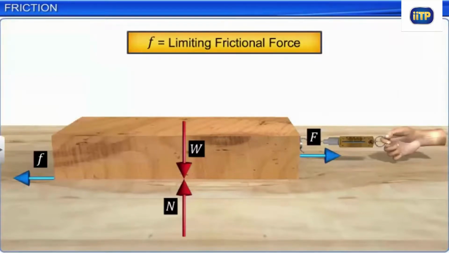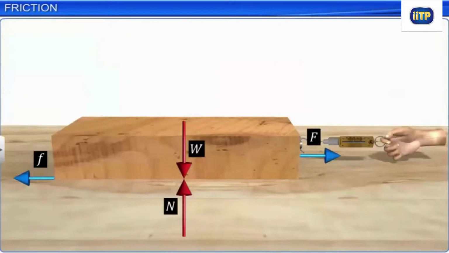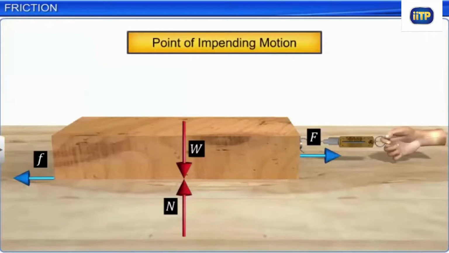At this point, the applied pulling force is equal to the limiting static frictional force. The block is at the point of impending motion. That is, the block is on the verge of moving but is not actually moving.